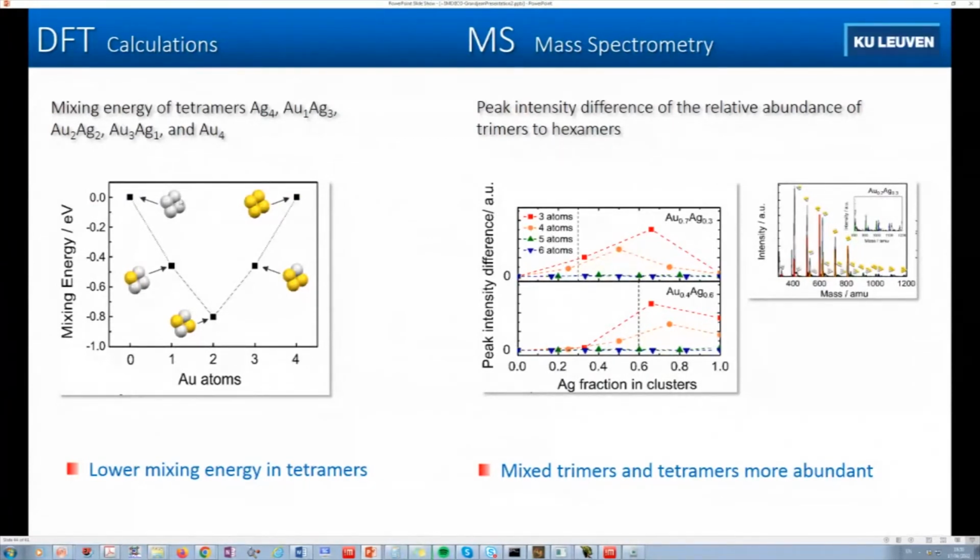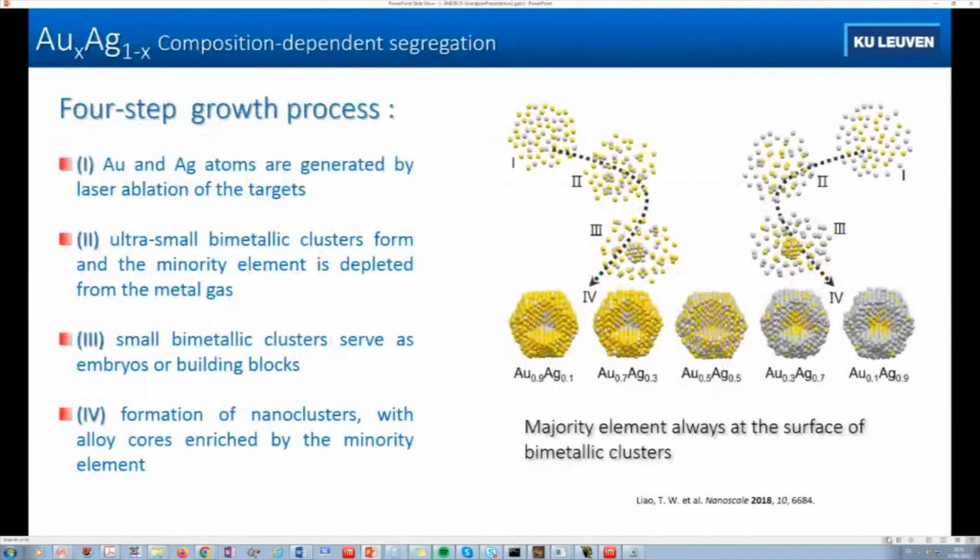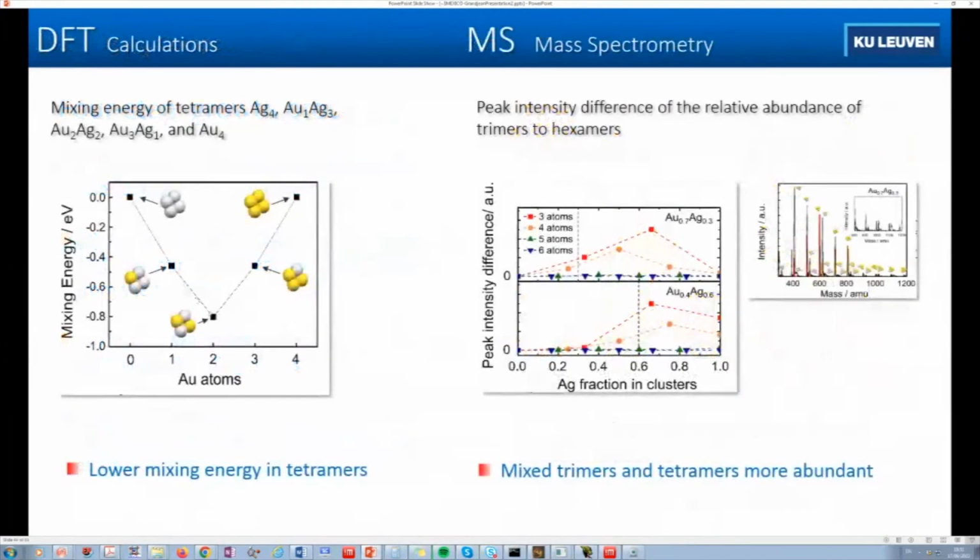When you start to make the cluster, you have a stage when you have very small clusters, and he calculated the mixing energy, and you see that it's very clear that the small clusters with two elements are much more stable. So it seems that this is a very good explanation why you always form this bimetallic structure at the beginning of the cluster.